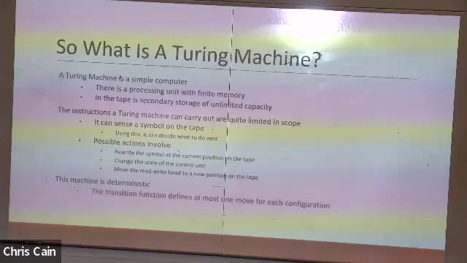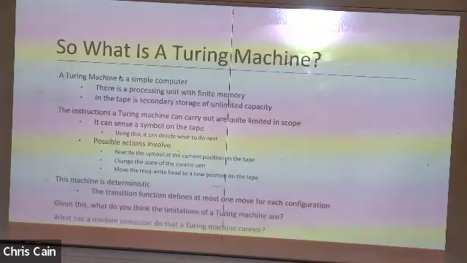So the transition function, if we look back at the transition function, defines at most one move for each configuration. Remember that configuration is just a tuple of the current state and the current input symbol, or the current symbol on the tape. Think to yourself about what the limitations of that Turing machine might be.